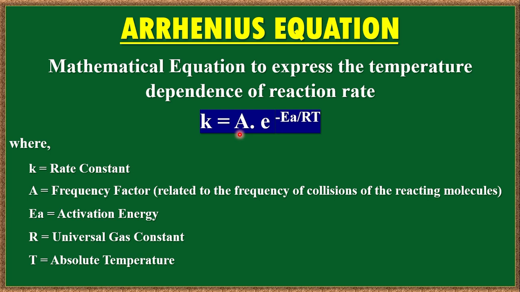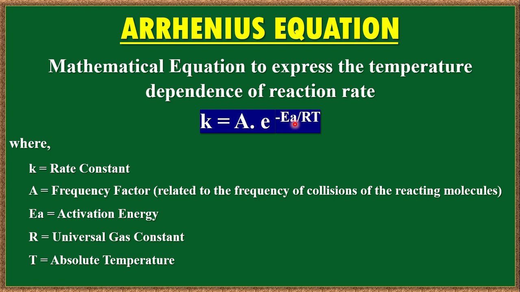A is the frequency factor, which is related to the frequency of collision of the reactant molecules, meaning how frequently reactant molecules are colliding with each other. That is what is expressed in terms of the frequency factor. EA is the activation energy of the reaction, which we have discussed just now.